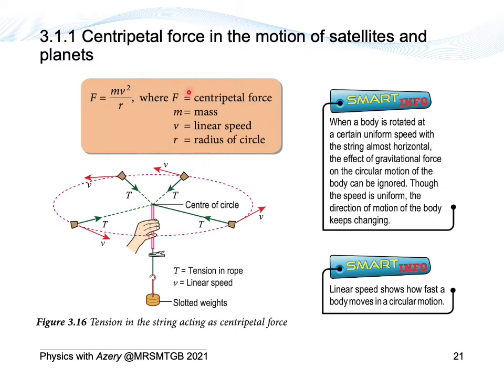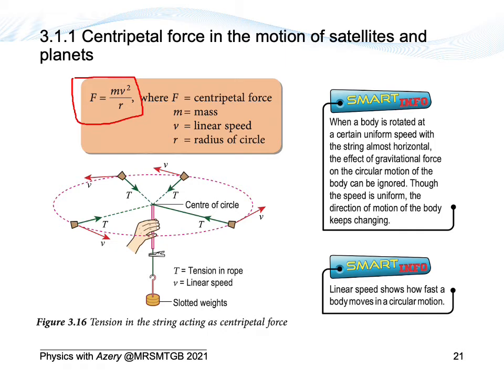Okay, so from this we have a formula to calculate the centripetal force by using velocity. We have the mass of the object, we have the linear speed or the velocity, and we also have the radius of the circle here.